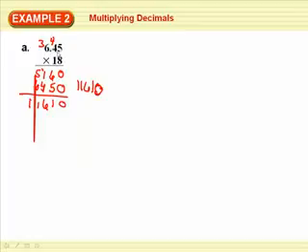I have 2 decimal places right there, no decimal places right there, so I have to put 2 of them in my answer. So 116.10.